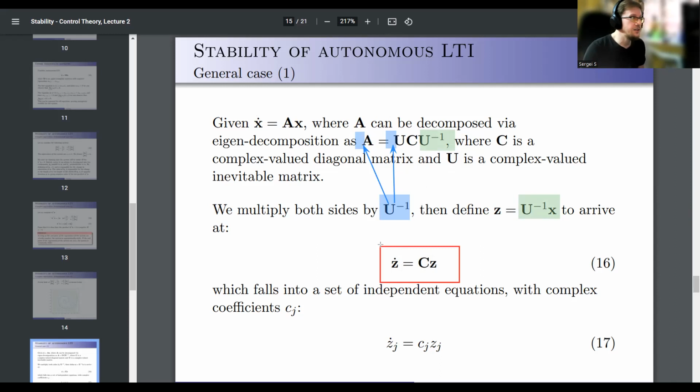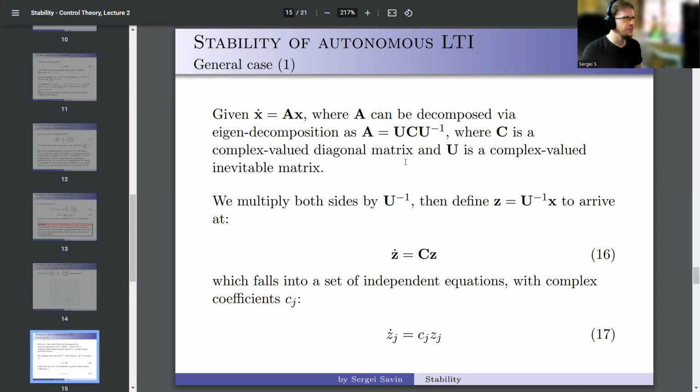This is again exactly the same as before. It is a system of diagonal equations, and each equation will look like this. So it is a system of scalar equations. The only difference is that they are complex now, because all of those are complex numbers. Now, what do we do with those equations?